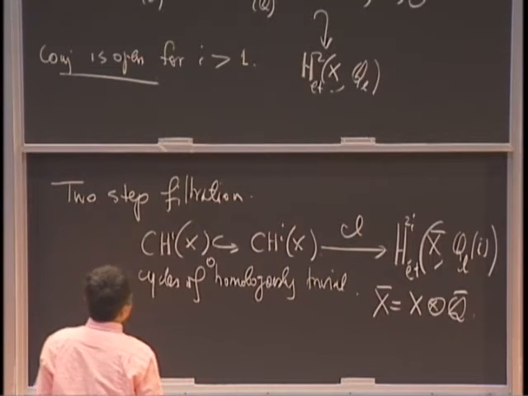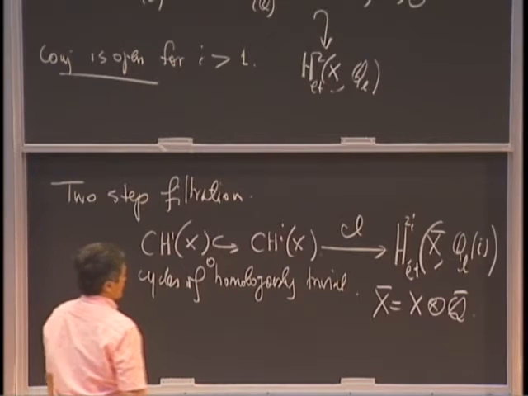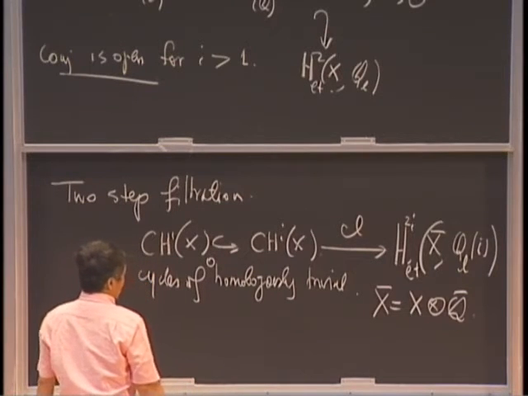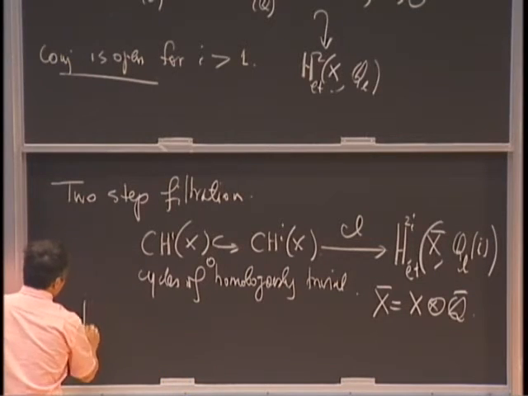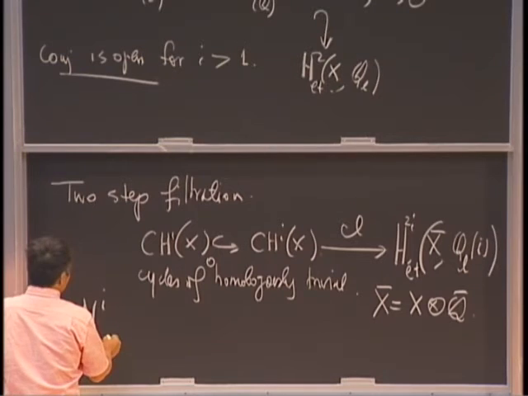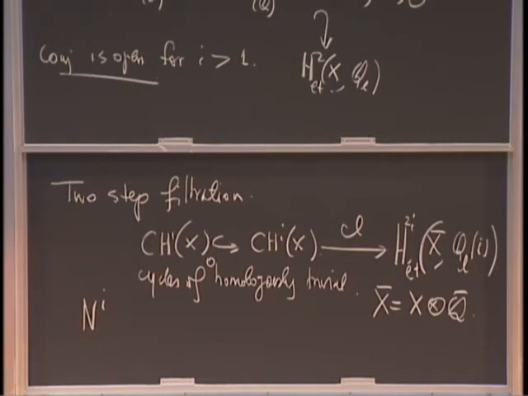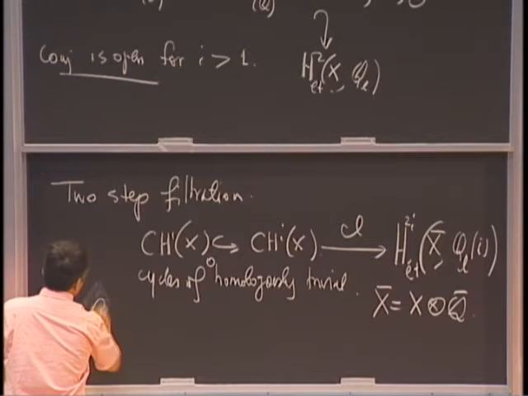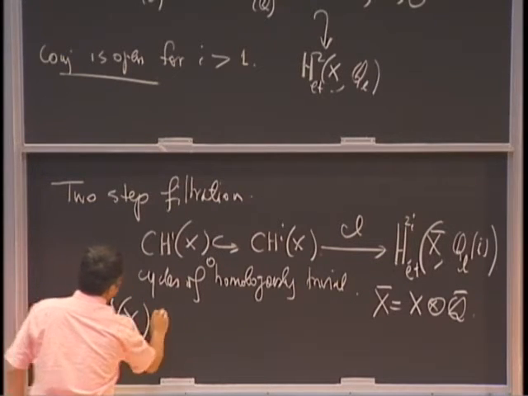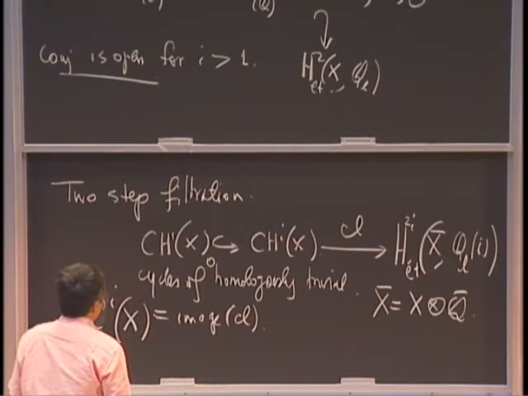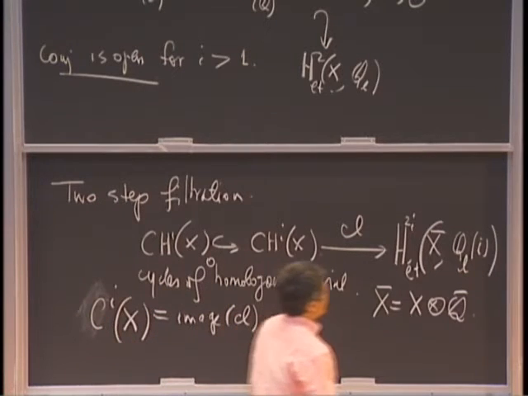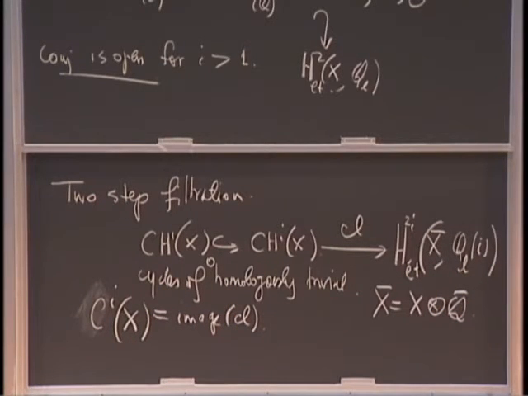And there are two conjectures. Okay, so let's write a name like N^i. Grothendieck wrote C^i, so maybe follow the Grothendieck notation: C^i(X) is to be the image of the class map. So we have two conjectures.